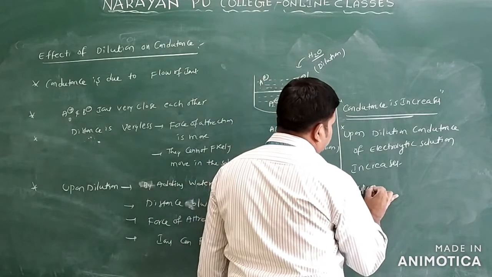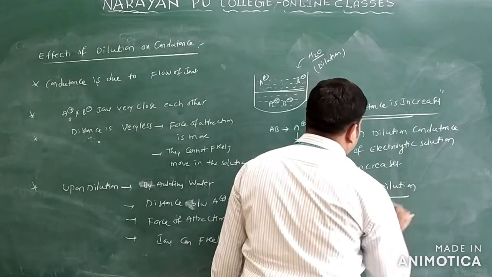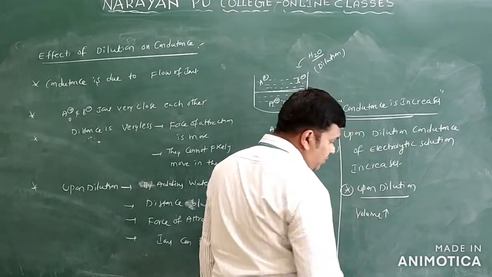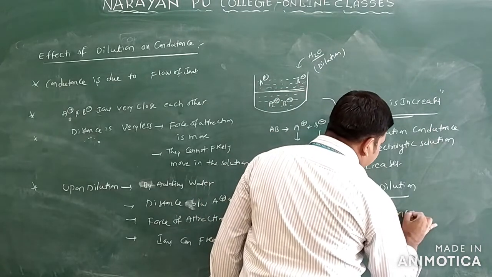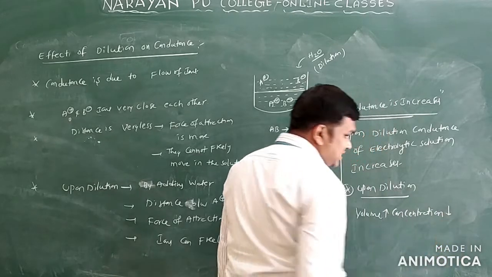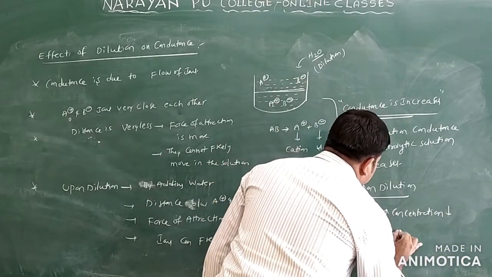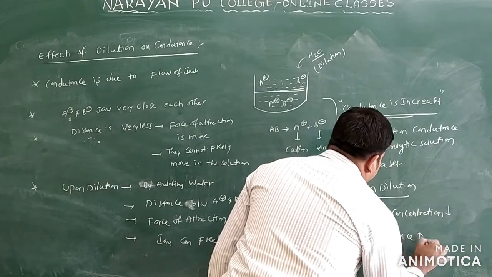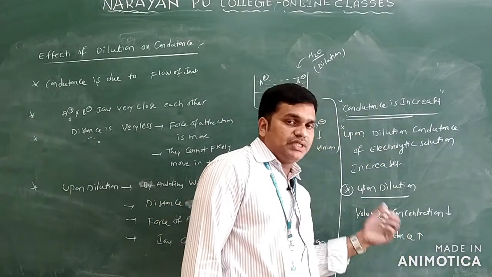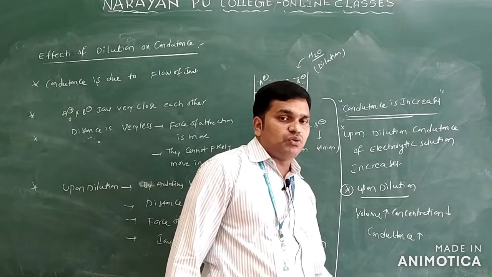Upon dilution, what are the changes you are observing here? Upon dilution, volume increases, concentration decreases, and conductance increases. Upon dilution, volume of the electrolytic solution increases, concentration of the electrolytic solution decreases, the conductance increases only.